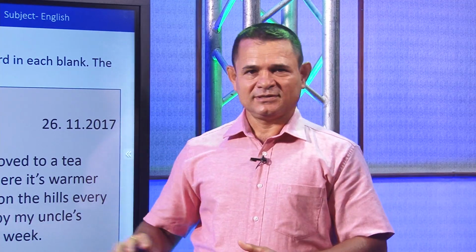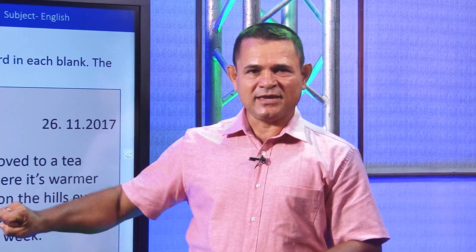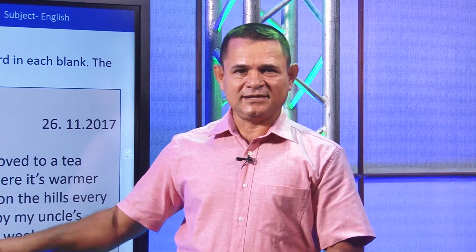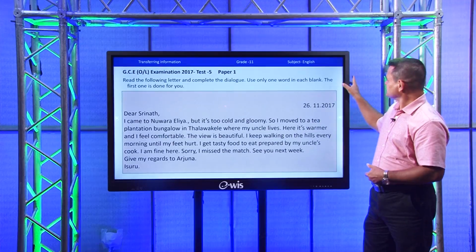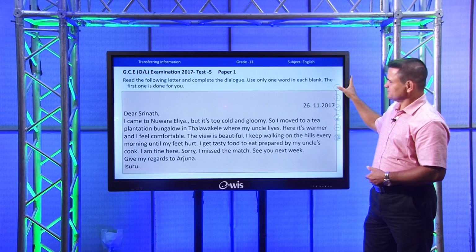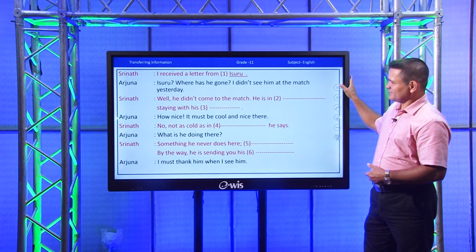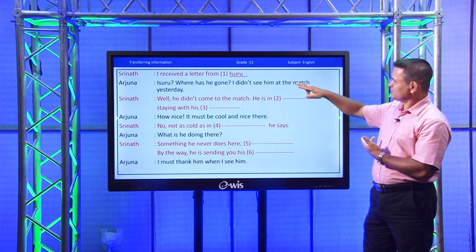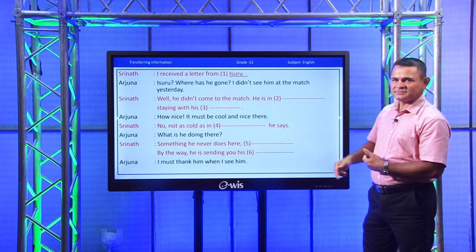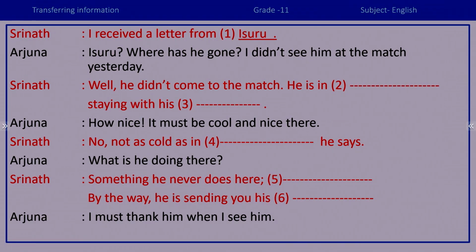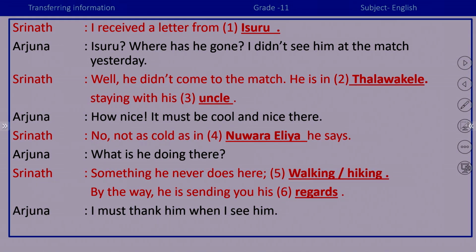Now, the things that you need to take from here you can remember. Now, you read the task. Now, let us see that. Now, can you fill in these blanks? Could you find these answers?